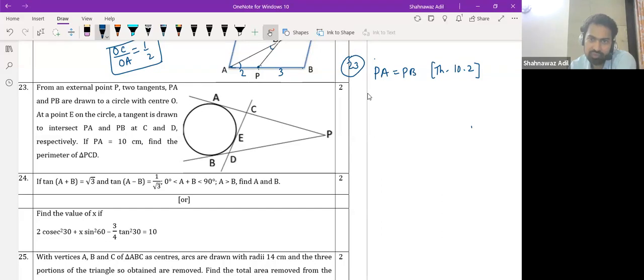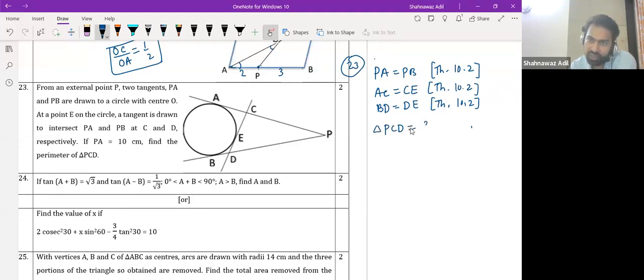They are also equal because they are from C. So AC equals CE, and BD and DE are also equal. So you have this information, guys. And the question is that you have to find the perimeter of PCD.